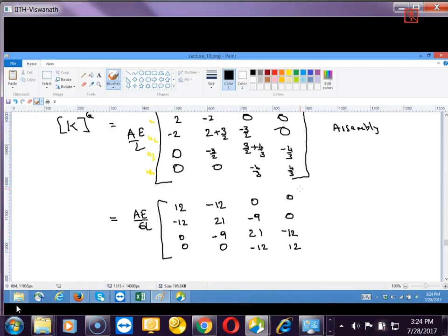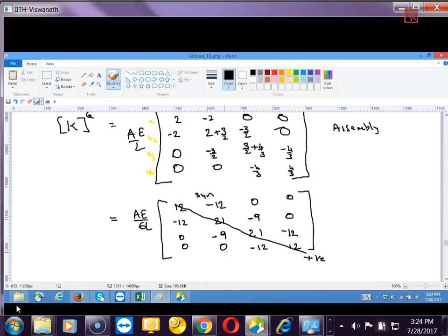So if you look at this, all the diagonals are positive, and the top half is the same as the bottom half, that is, symmetric. Minus 12, 0, 0. That means if you go down, the same thing from the diagonal: minus 12, 0, 0. 21, minus 9, 0. 21, minus 12, 12.